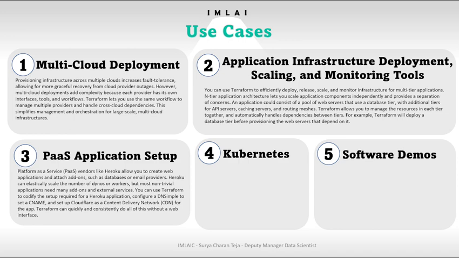Heroku can elastically scale the number of dynos or workers, but most non-trivial applications need many add-ons and external services. In such complex situations, you can use Terraform to codify the setup required for a Heroku application, configure a DNS, simply set a CNAME, and set up Cloudflare as a CDN, a content delivery network, for the app. Terraform can quickly and consistently do all of this without a web interface.